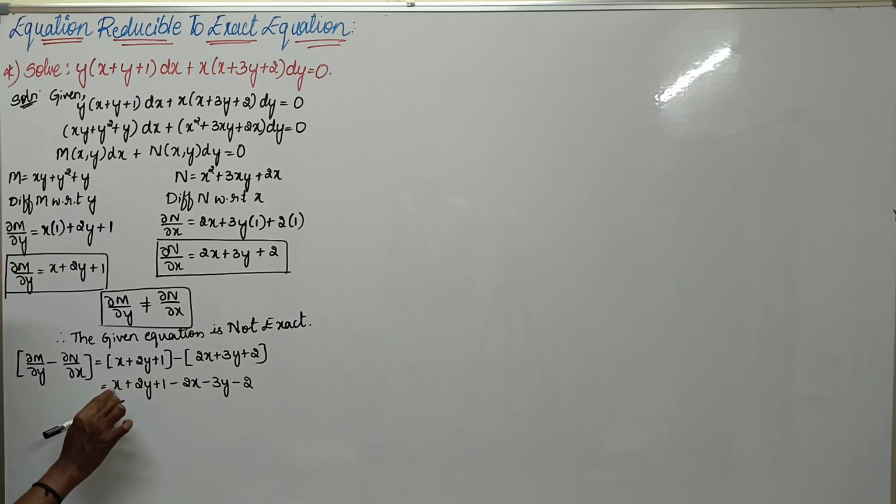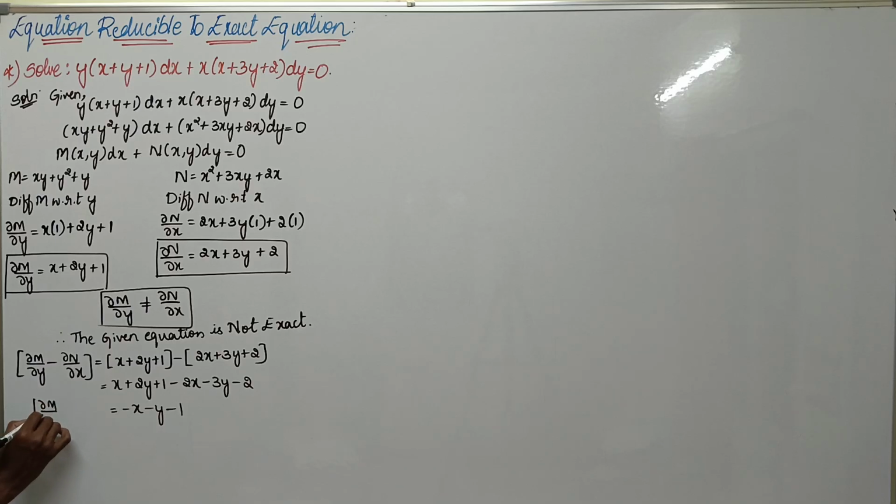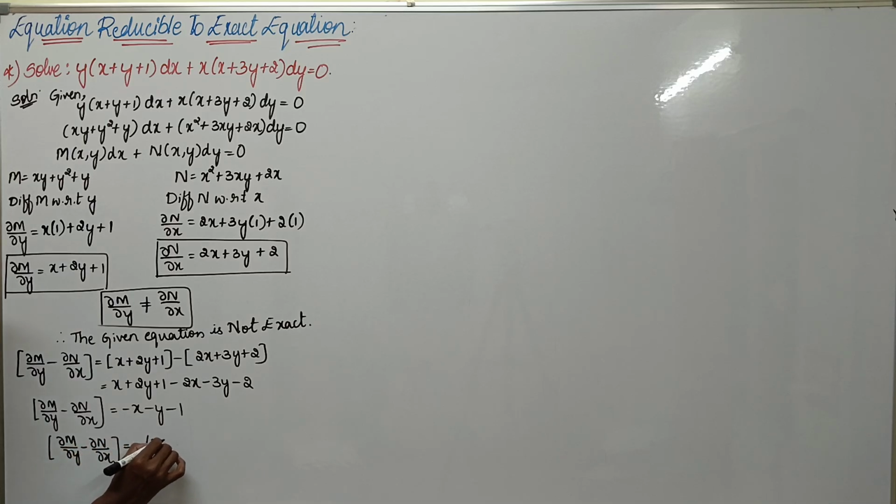Here x minus 2x gives minus x, 2y minus 3y gives minus y, 1 minus 2 gives minus 1. If I take minus common, dou M by dou y minus dou N by dou x is equal to minus of (x plus y plus 1).